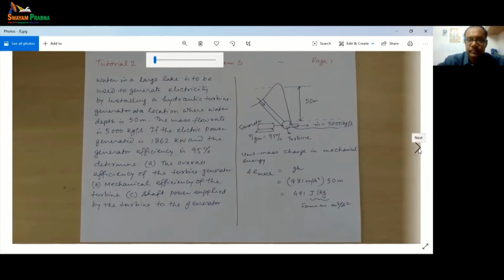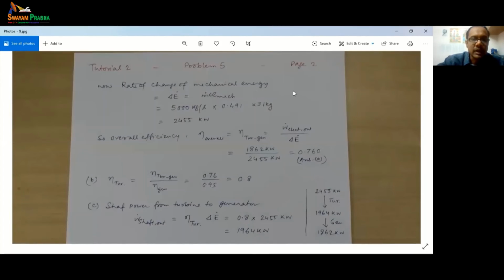So here, we now know per unit mass what this delta small e mechanical is, and we have to multiply it with the mass flow rate, which is again given, 5000 kg per second, to obtain the rate of change of mechanical energy, which is delta of capital E dot.